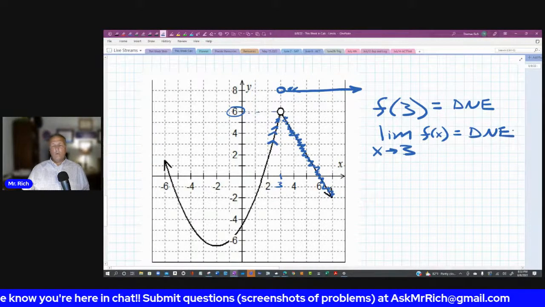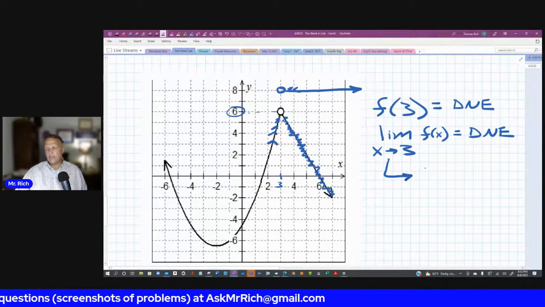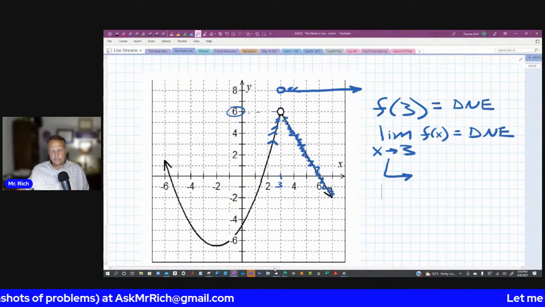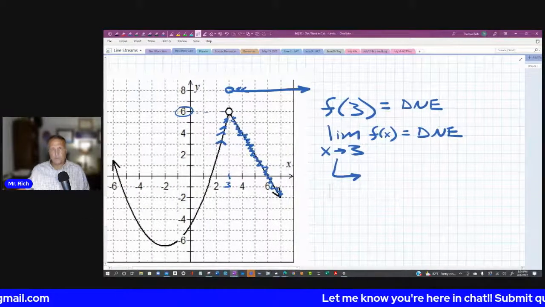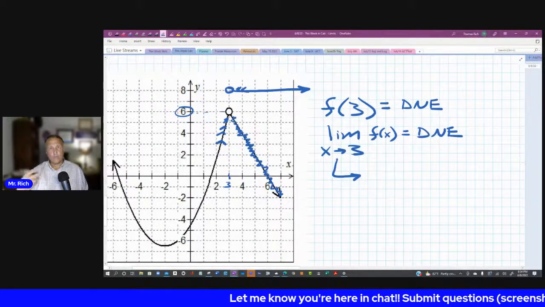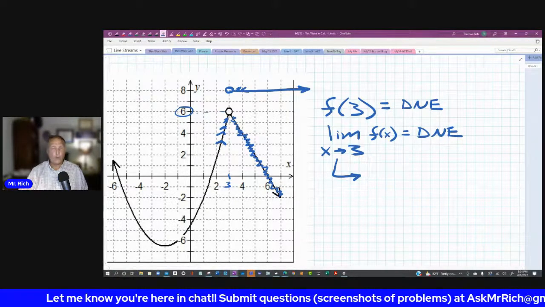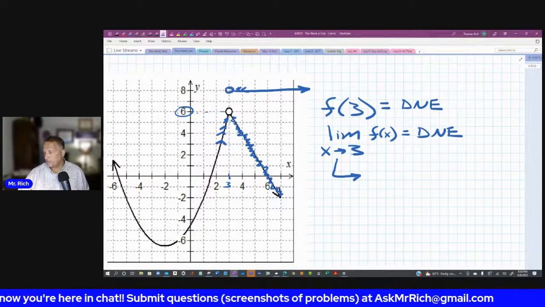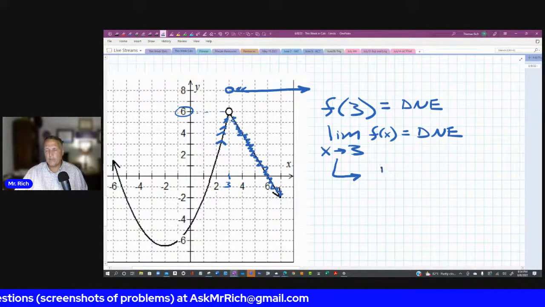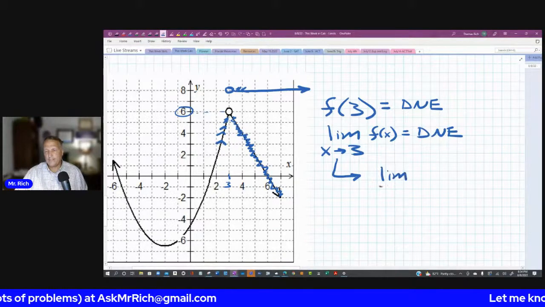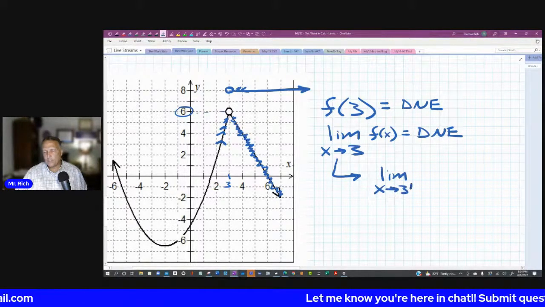And one of the ways that we evaluate a limit such as this in a graphical sense is I can express what we call a right-handed and a left-handed limit using another alteration to this notation. Here's what I would do. I can say the limit as x approaches 3 from the right.